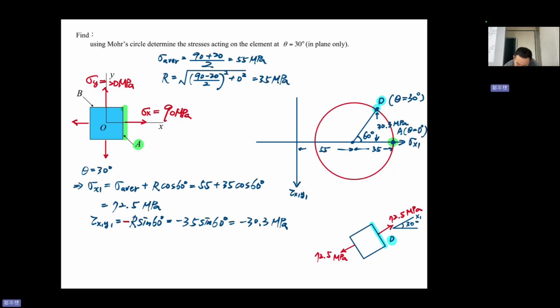So in this main focus plane, it will go down. It should be 30.3 MPa. And because the shear stress comes in pair, it will be 30.3 MPa as well.